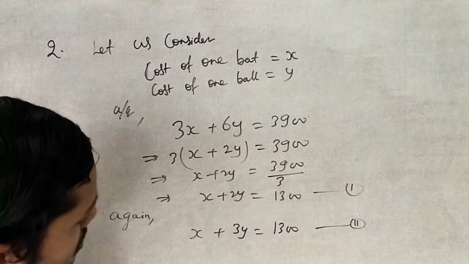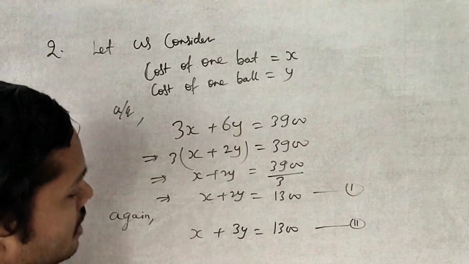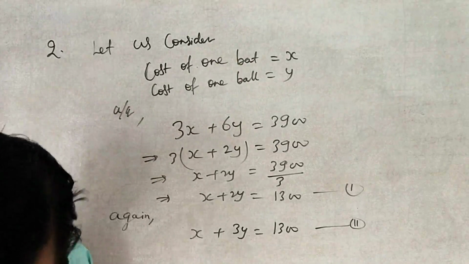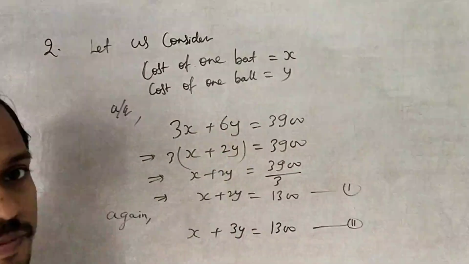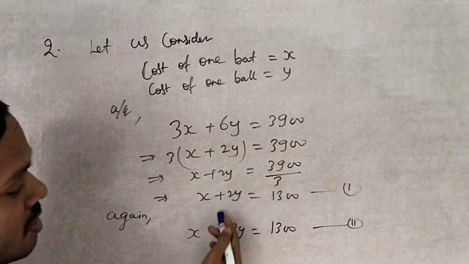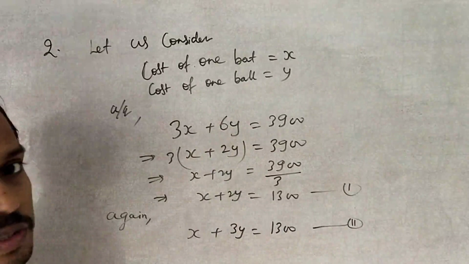No problem. x plus 2y is equal to this one, and after that 3x. Okay. Look at that. According to this one, equations are given. You can solve it better. Clear? Try to solve these questions.